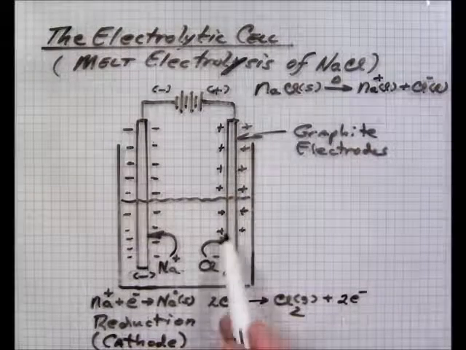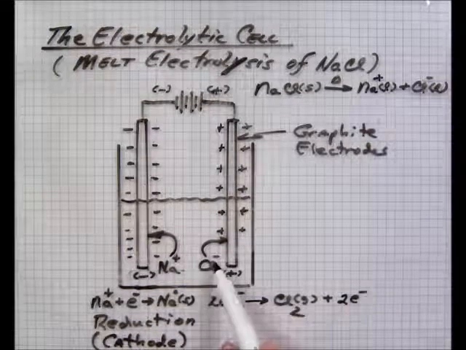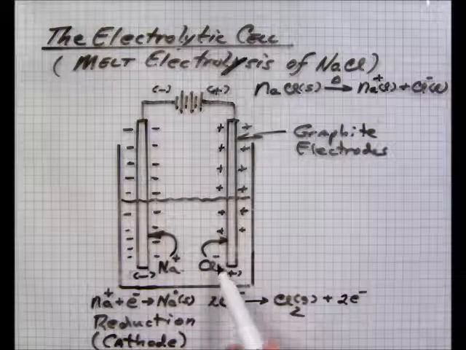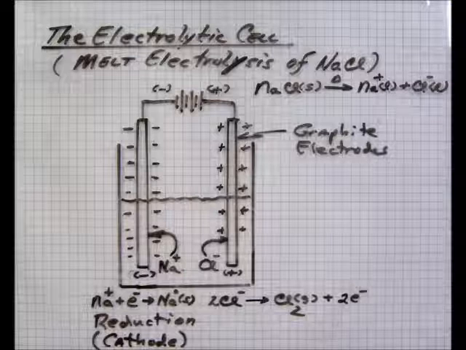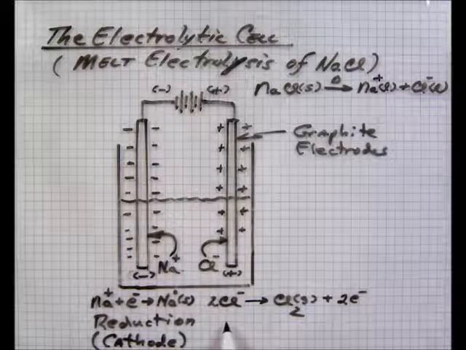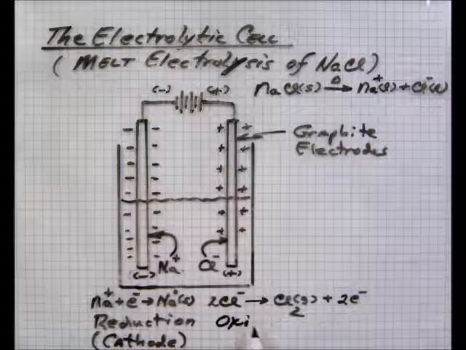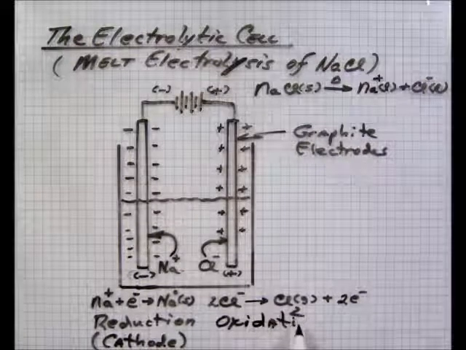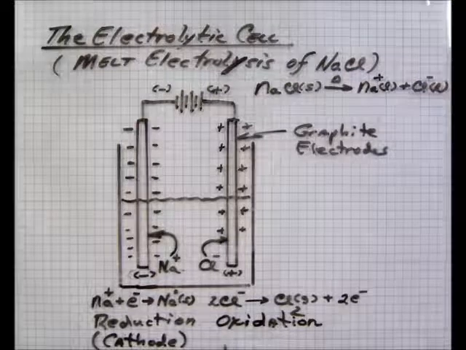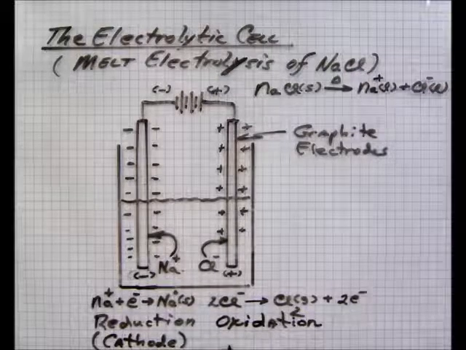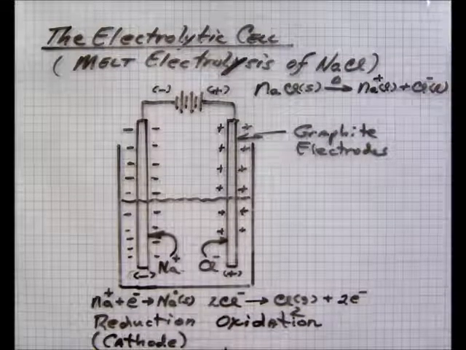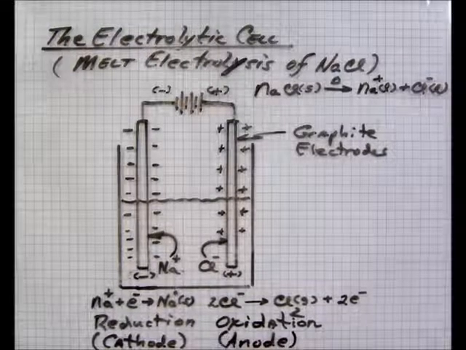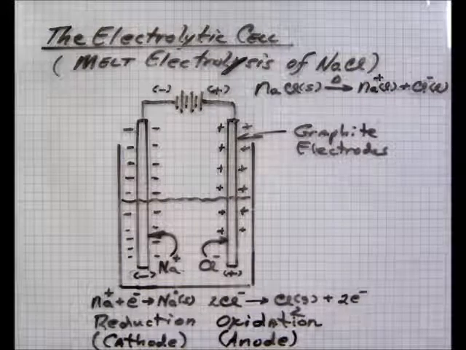This electrode is deficient in electrons, so it would tend to remove the electrons from the chloride and force it into oxidation right here. So this is the oxidation side of the electrolytic process. And the oxidation side of an electrochemical cell is referred to as an anode. So we have anodic oxidation.